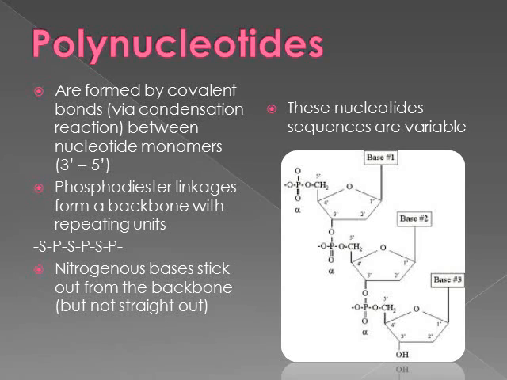So we get a phospho rather than a carbon to carbon ester linkage. We have a phosphodiester because there are 2 ester linkages holding them together. So that's our phosphodiester linkage from carbon 3 of one nucleotide to carbon 5 of the next nucleotide.